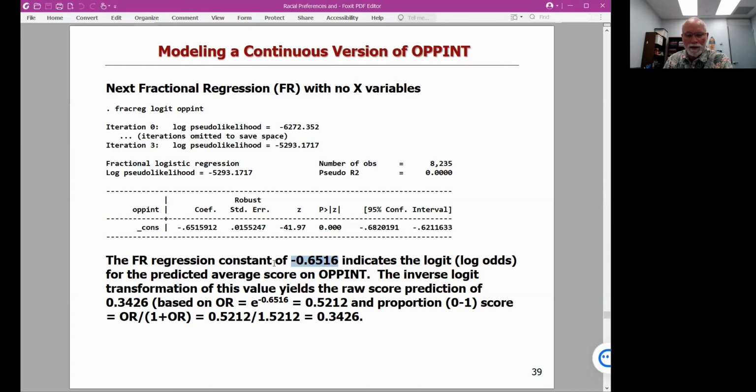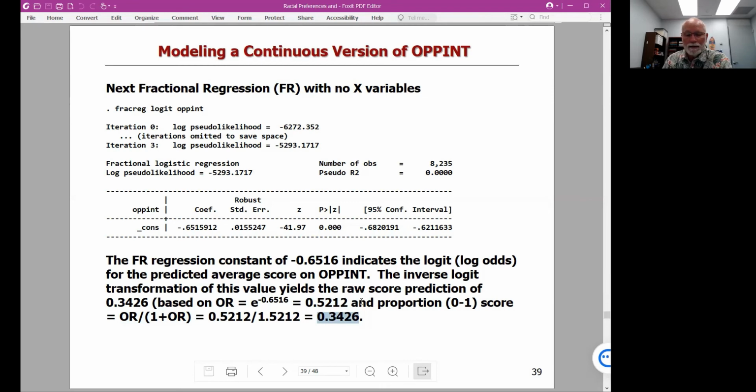And how do you get from a Logit prediction to a mean on a 0, 1 variable? You first go from the odds ratio, you get the odds ratio by exponentiating the coefficient, raising e to the power of minus 0.65. That gives you an odds ratio. And then you convert the odds ratio using this expression, and it gives you the value of y, 0.34.